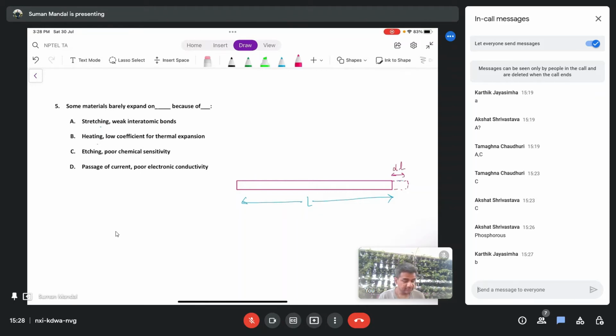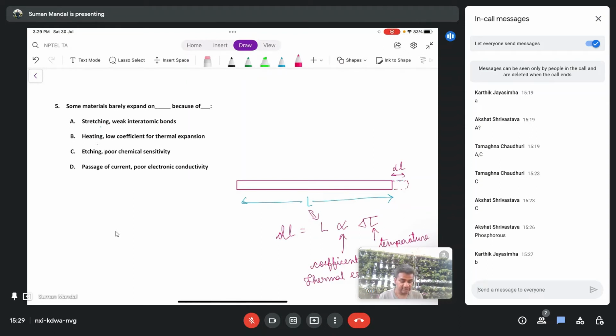So this dl can be written as L alpha delta T. This is the temperature change, this is the length of this rod, and this is the coefficient of thermal expansion.